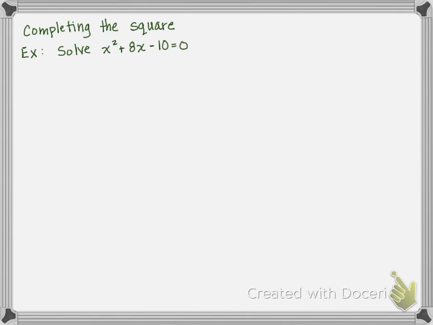But I know that if I have a constant on one side and a perfect square on the other side, I can take the square root of both sides, right? So let's look at what a perfect square looks like. So x plus 3 times x plus 3.